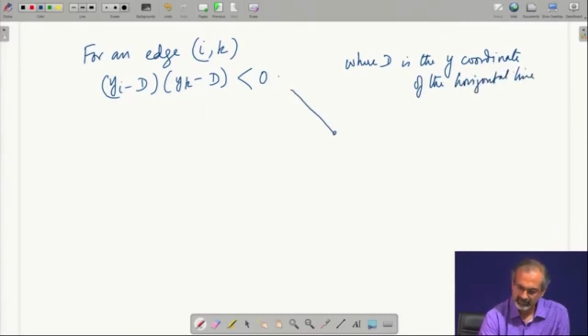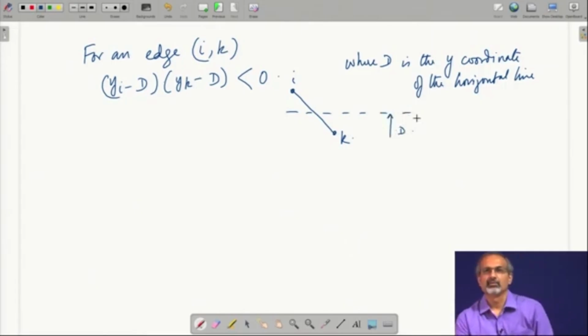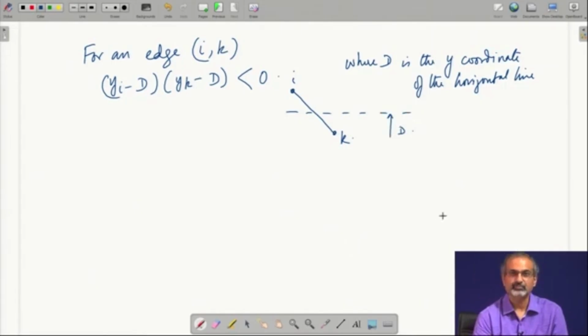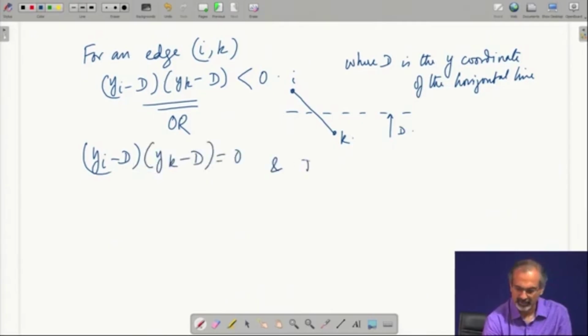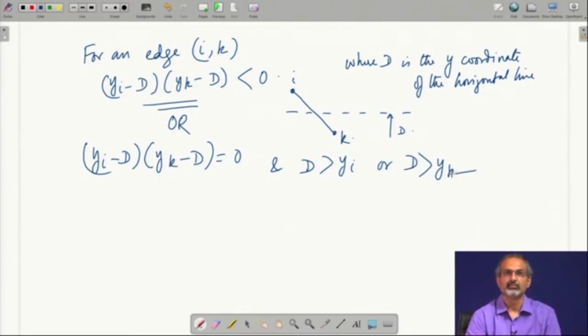So, it is like this, that you have the nodes I and k and you have a horizontal line crossing. So, this ordinate is d. As long as this condition is satisfied, or it is satisfying another condition, that this is exactly equal to 0 and either d is greater than y I or d is greater than y k, you have an intersection point.